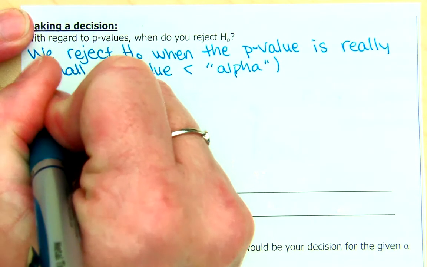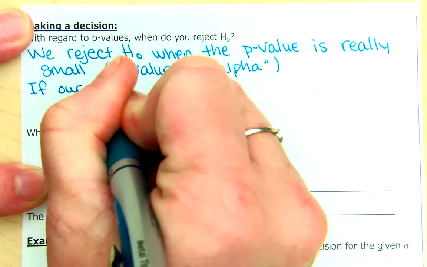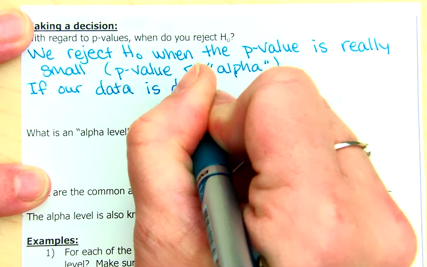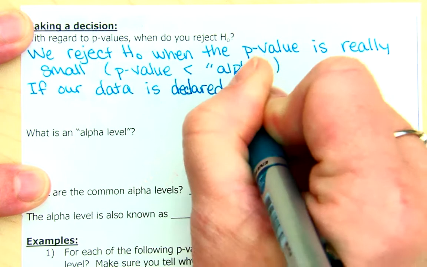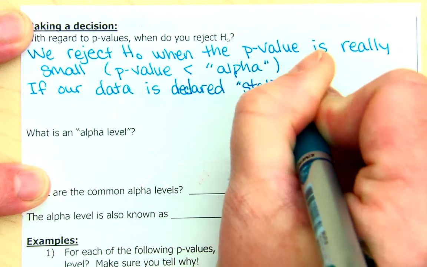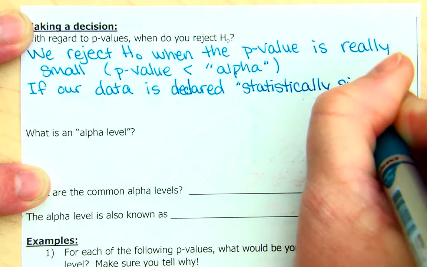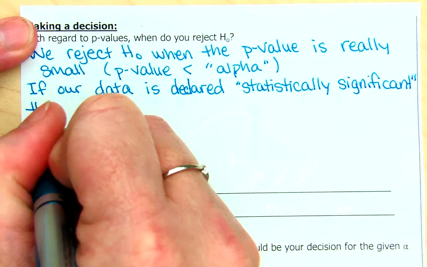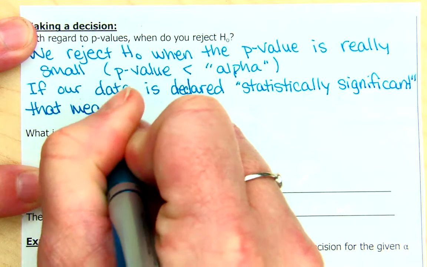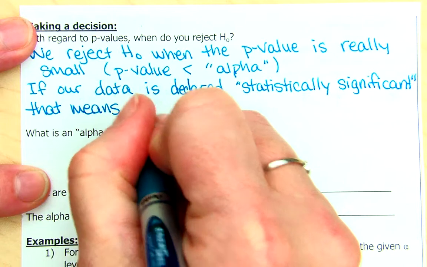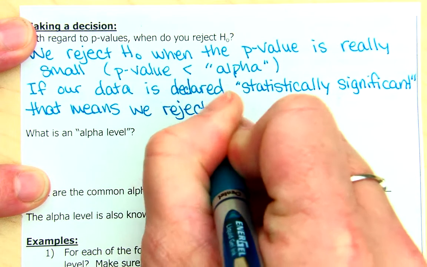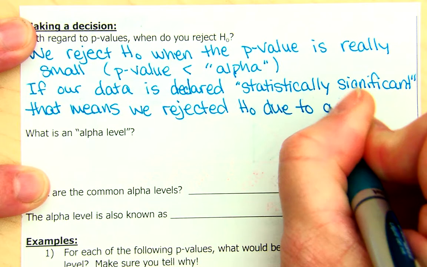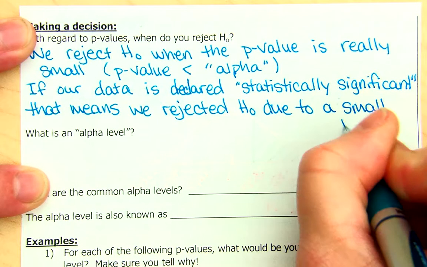So if our data is declared statistically significant, that means we rejected H0 due to a small p-value.